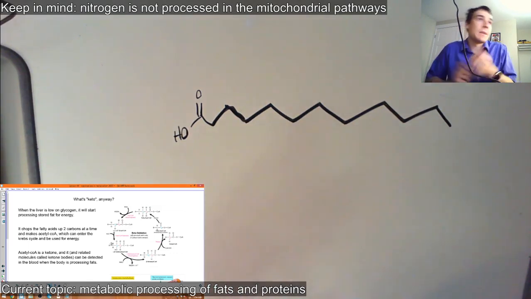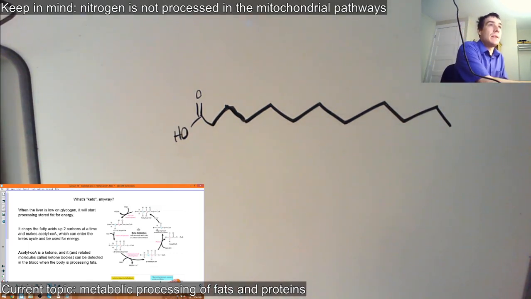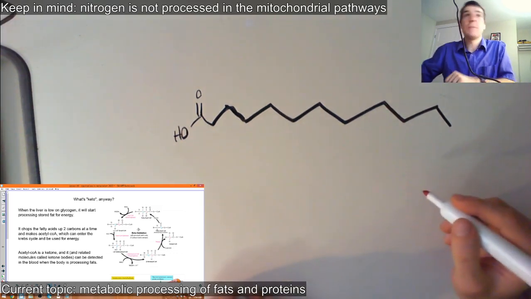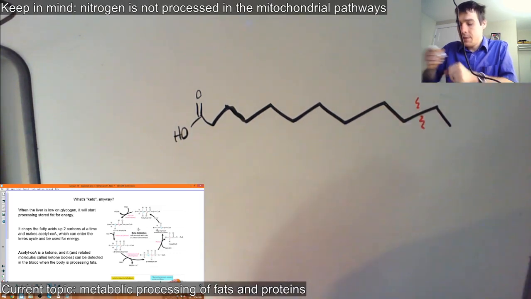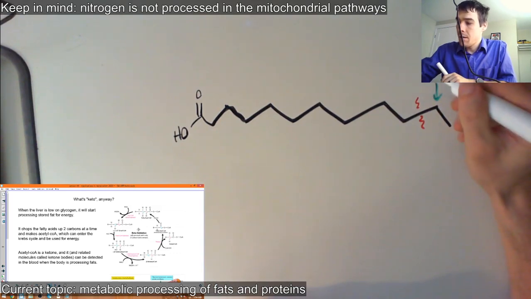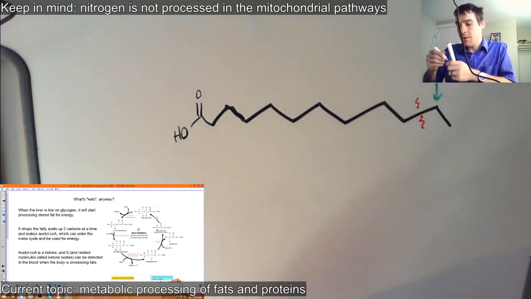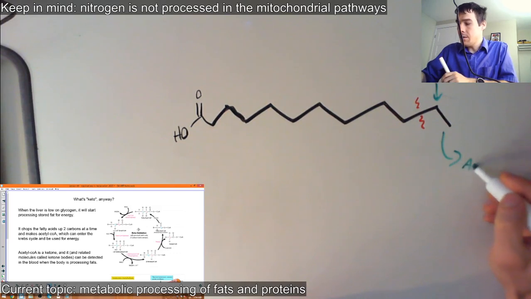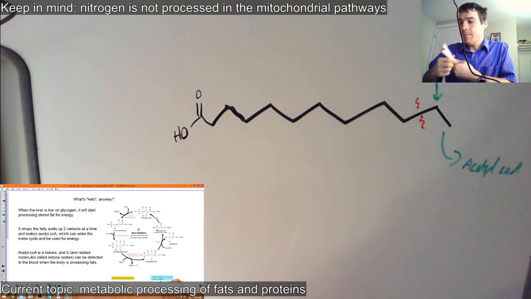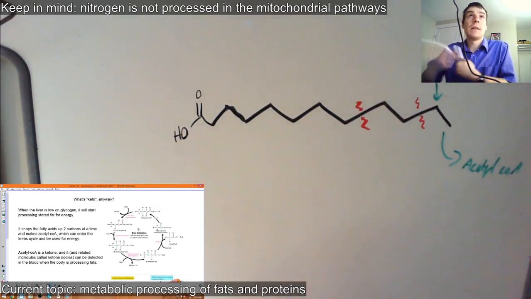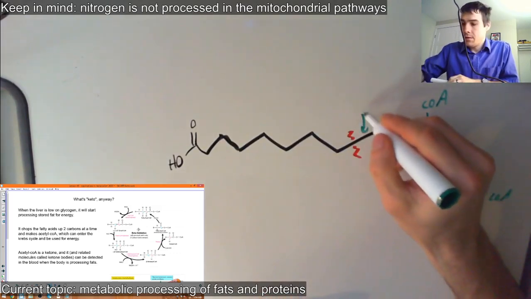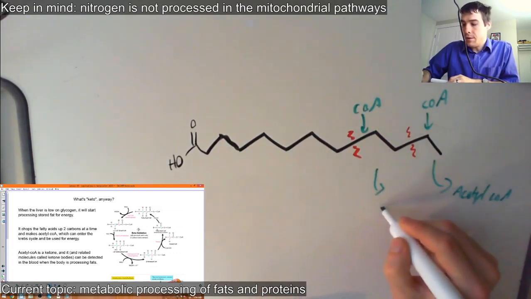But the idea is, basically what this process does, what this cycle here does, is it chops them up 2 carbons at a time. So it'll chop off 2 carbons and stick on a CoA, and out comes acetyl-CoA. Then it'll chop the next 2 carbons, stick on a CoA, and out comes acetyl-CoA.